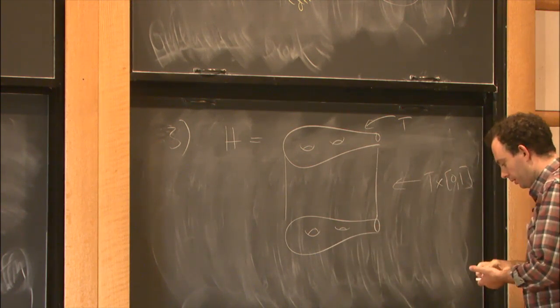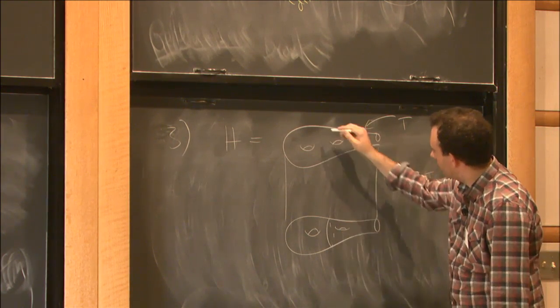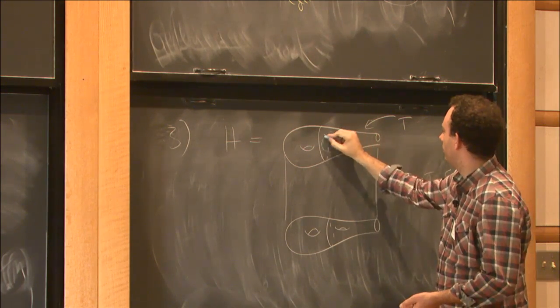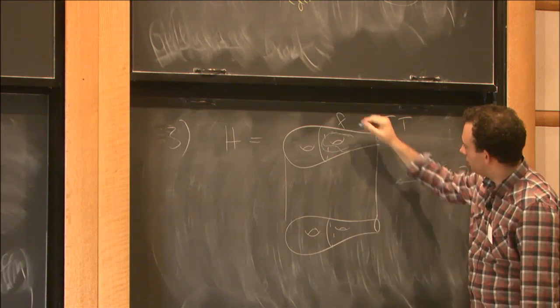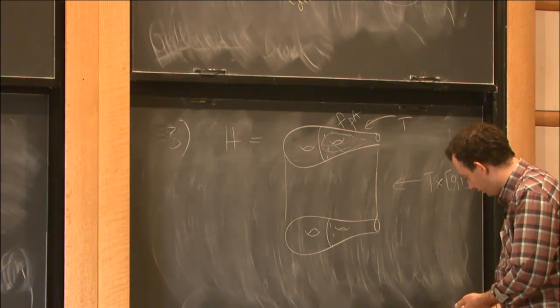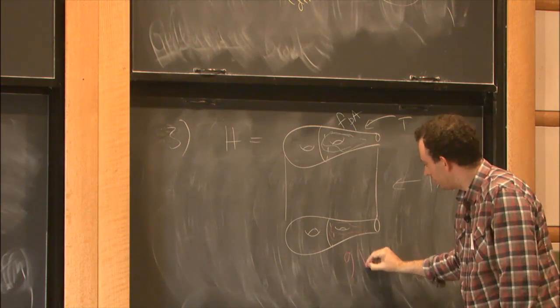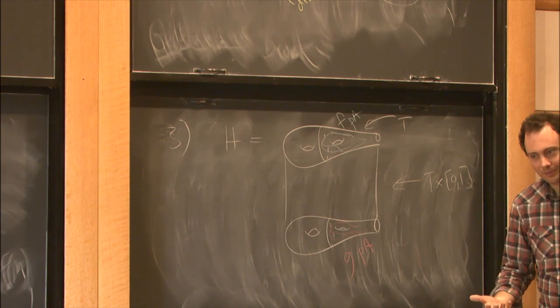And so then you could ask things like, well, okay, say I do some map with a boundary that's a pseudo-Anosov here, and then I do some other pseudo-Anosov down here. Then, okay, so what happens?